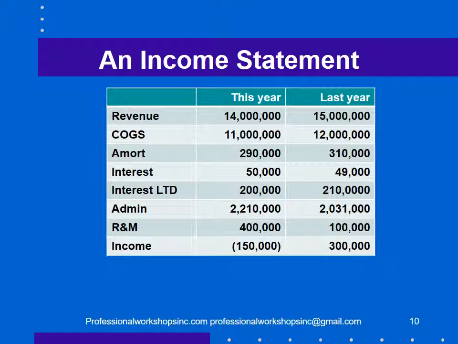And we look at the income statement. Revenue, cost of sales are down. Amortization, interest on long-term debt are about the same. Administrative expenses, can we call those the same or not? I don't know. They're up by a bit. That's our income statement.